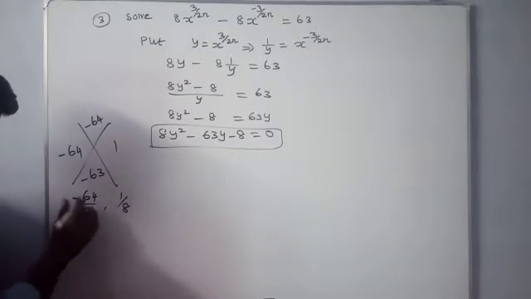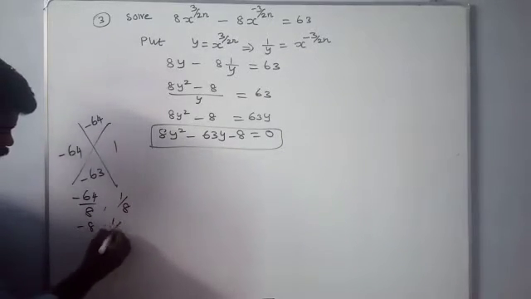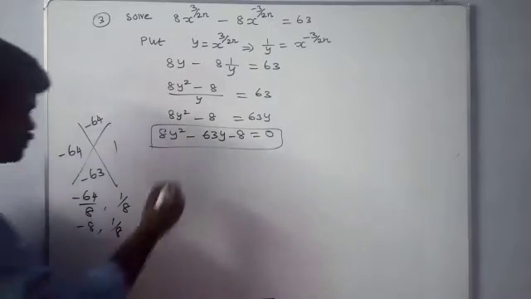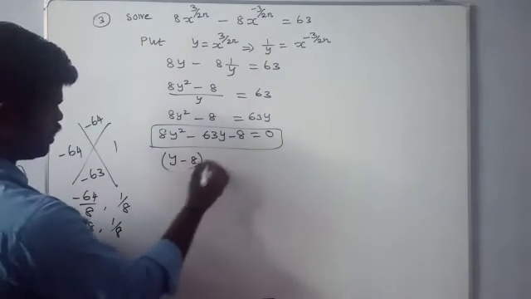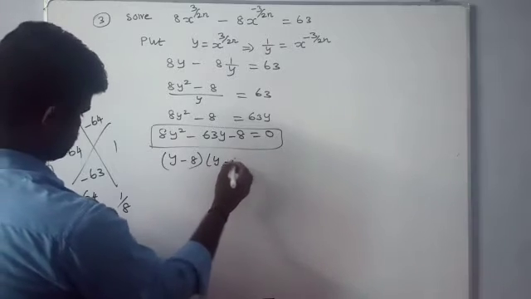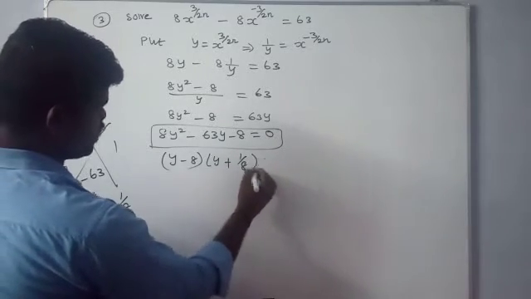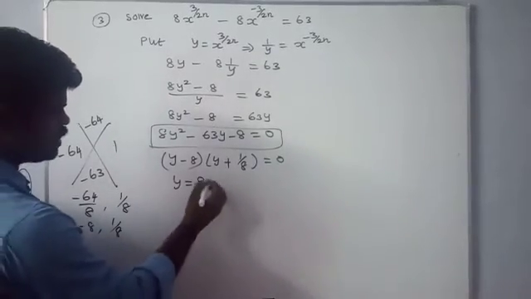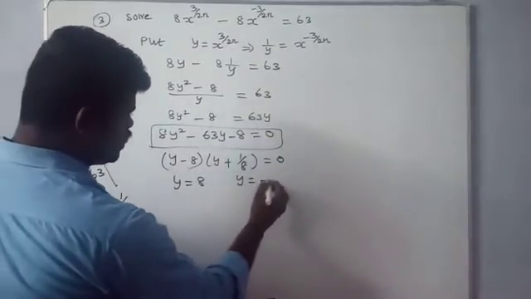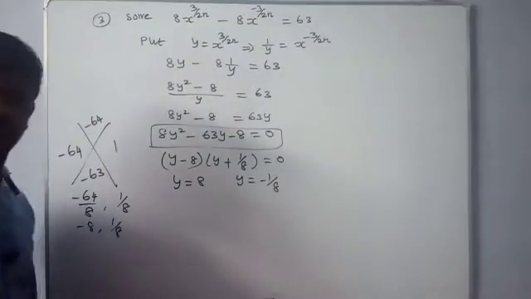Here minus 8, cancel these two terms, minus 8 comma 1 by 8. So what are the values? y minus 8 into y plus 1 by 8 is equal to 0. Now y equal to 8, comma y equal to minus 1 by 8.